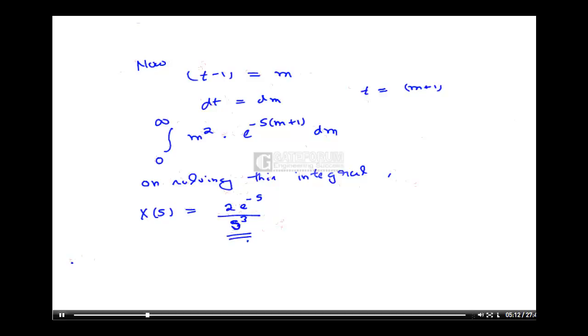Again, a different type of problem. In this, a figure is given, and from that figure we have to find the Laplace transform.